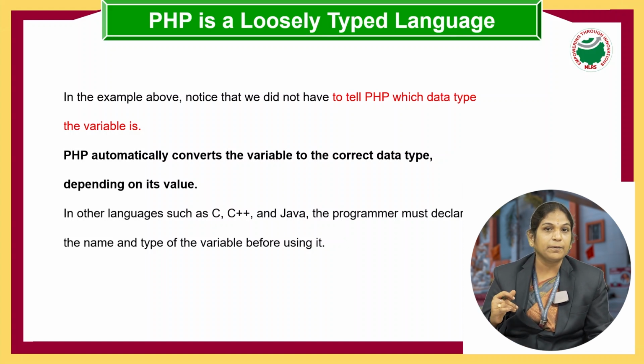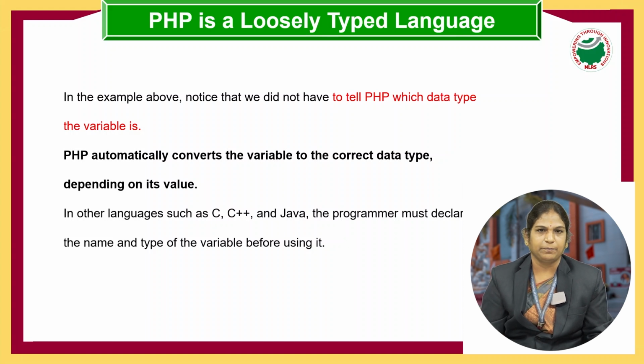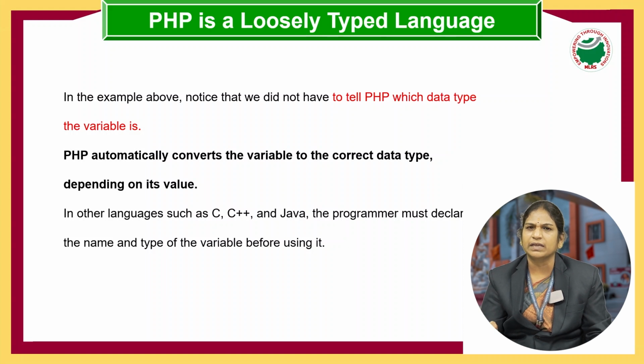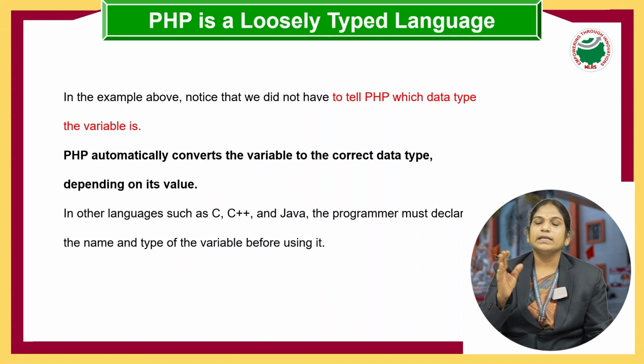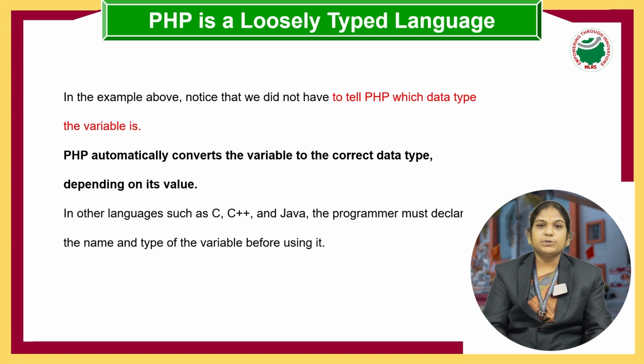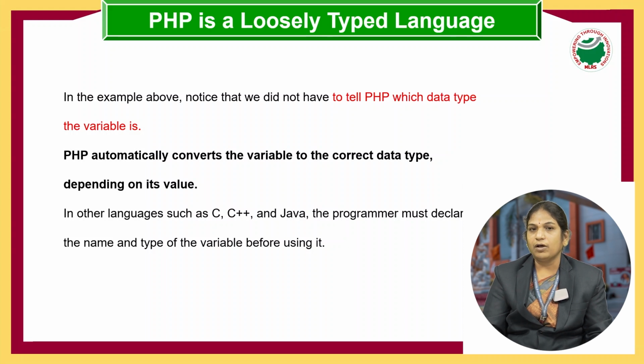Based on the type of the value we have assigned to the variable, it will be automatically converted to that data type. For example, $x equal to 5. What does it indicate? X is a variable of data type integer, because the value I have given is 5. So PHP automatically converts the variable to the correct data type based on the value we have assigned.